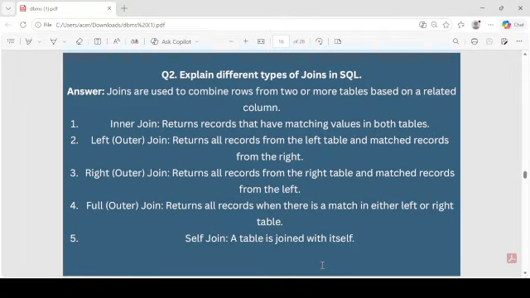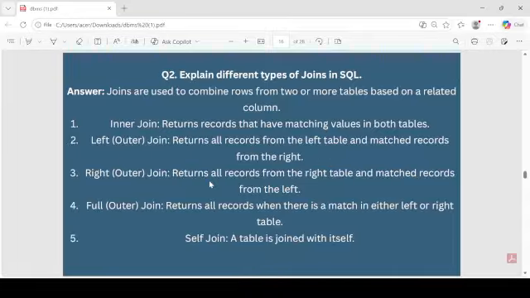The next question will be explain different types of joins. So joins are used to combine rows from two or more tables based on a related column. And we have inner join, left join, right join, and full join. So the inner join will return records that have matching values in both tables. Left outer join will return all the records from the left table and matched records from the right table.